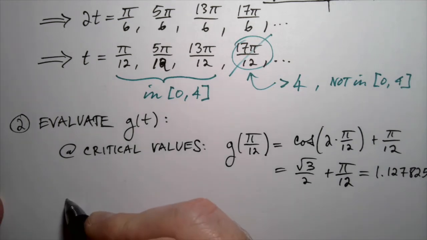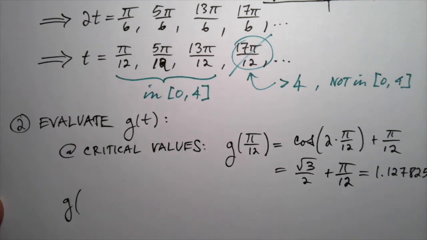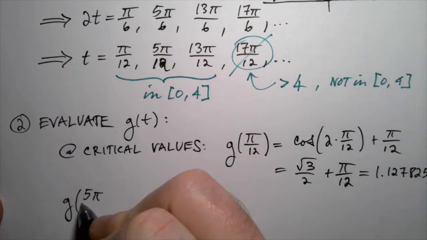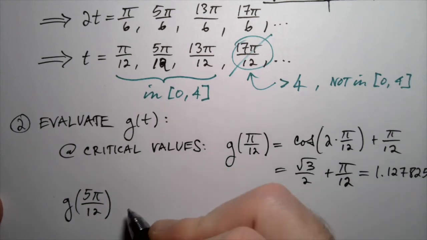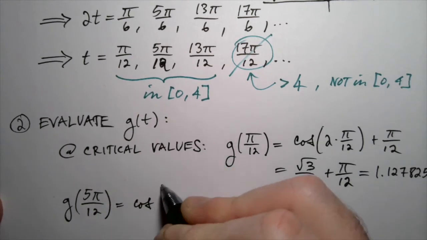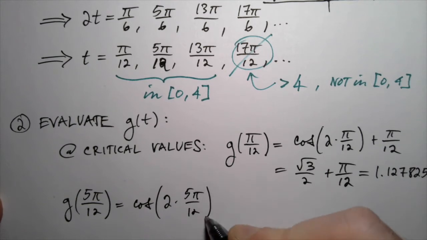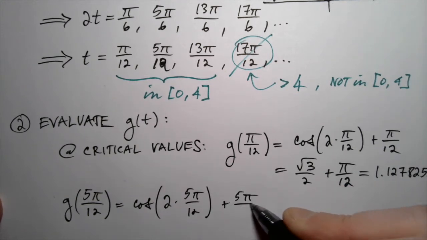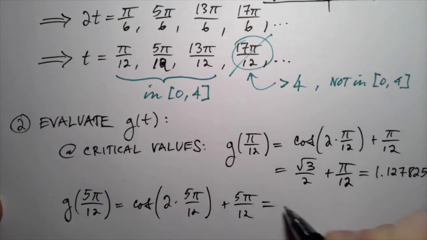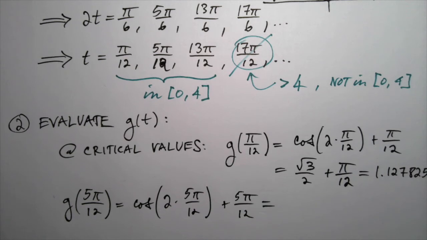Okay, what are the other critical values? We just evaluated at π over 12. The next one on the list is 5π over 12. So in this case, we'll be taking cosine of 2 times 5π over 12 plus 5π over 12. What's that? Well, it's a similar calculation.